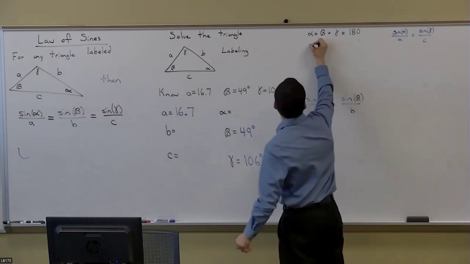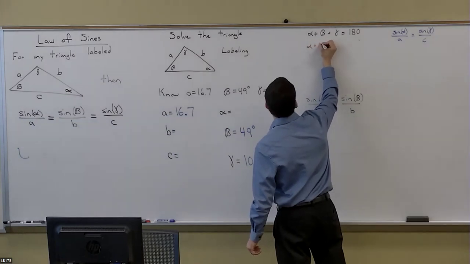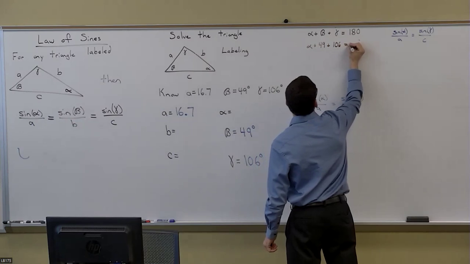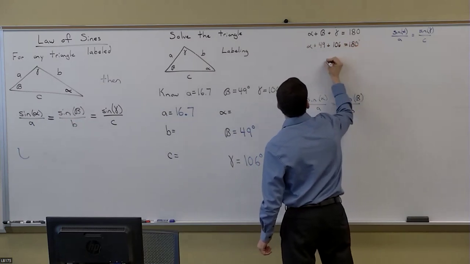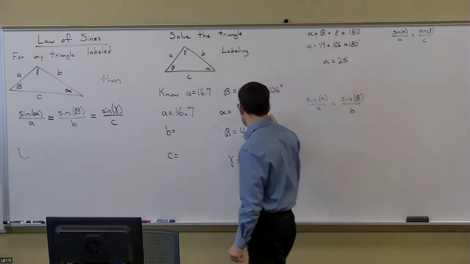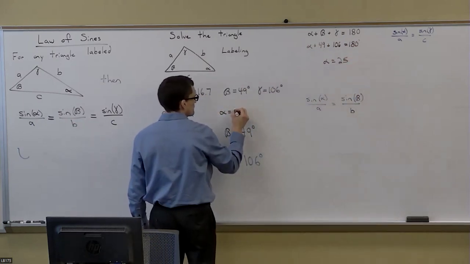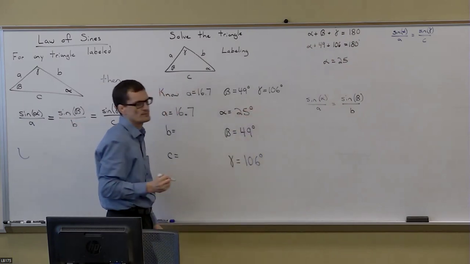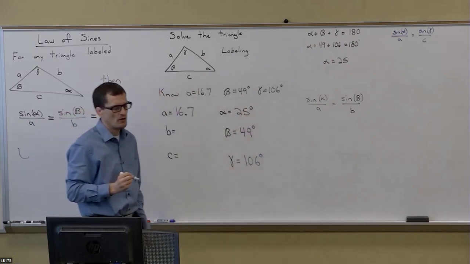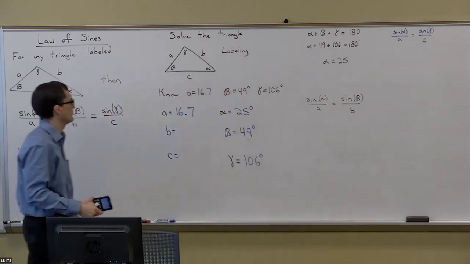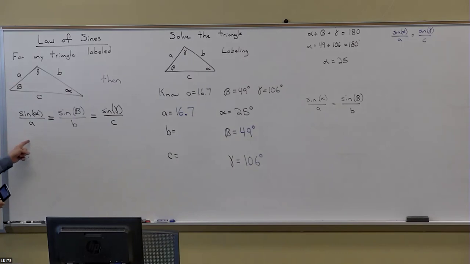So we'd say alpha plus 49 plus 106 is equal to 180. And you solve that for alpha, and you get an alpha of 25. So we know our angle alpha is 25 degrees, and then we turn to the law of sines.